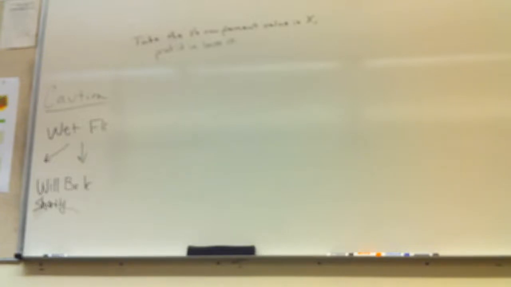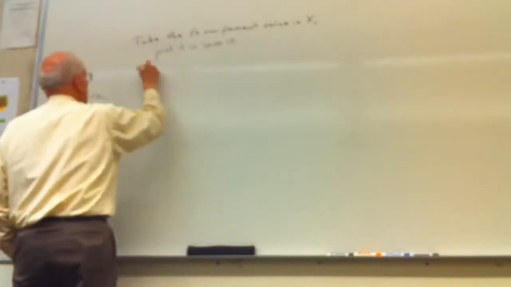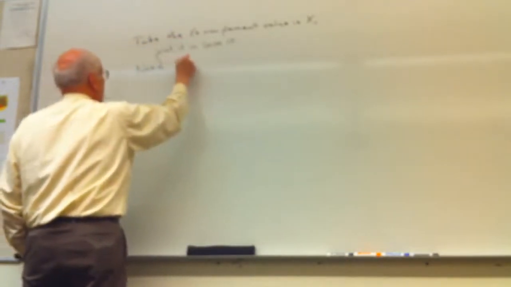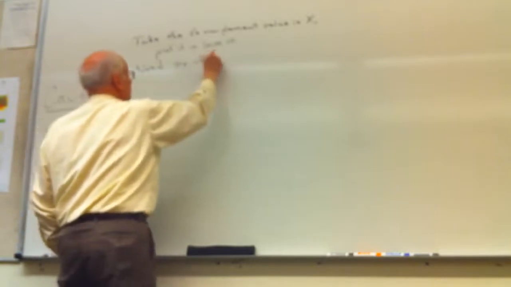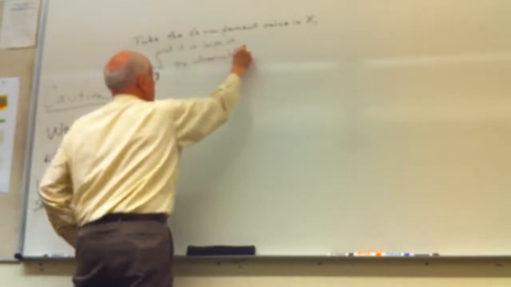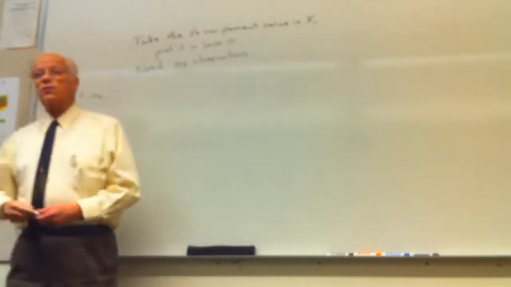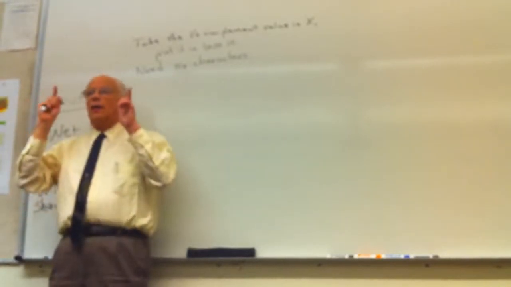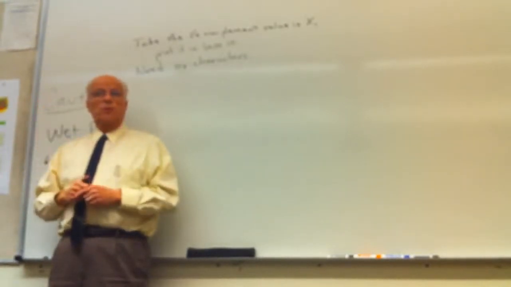Yeah, it's 5. The largest number is 32,767. The smallest one is minus 32,768. So I'll need 6 characters. Let's just note that here. So as I start setting up my character string to print the thing out, I'll set up 6 memory locations.